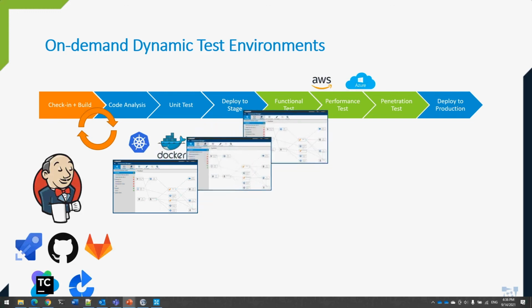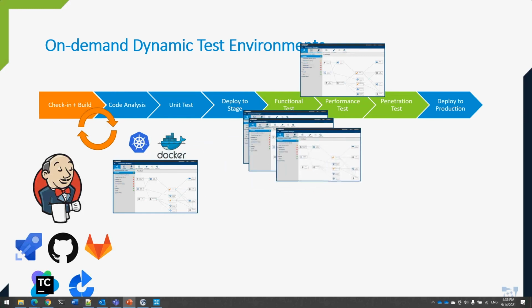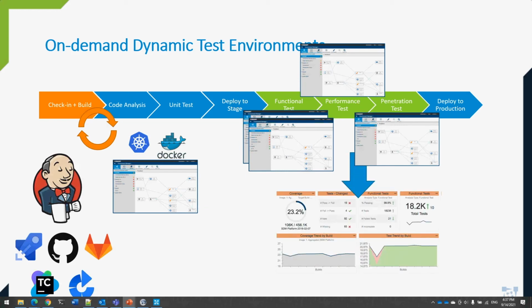Then it can leverage the latest technology like Kubernetes or Docker and so on. More importantly, the results of all these tests are fed back to a central place where you have a dashboard to preview the status of the entire project, and whether it is ready for deployment or not.